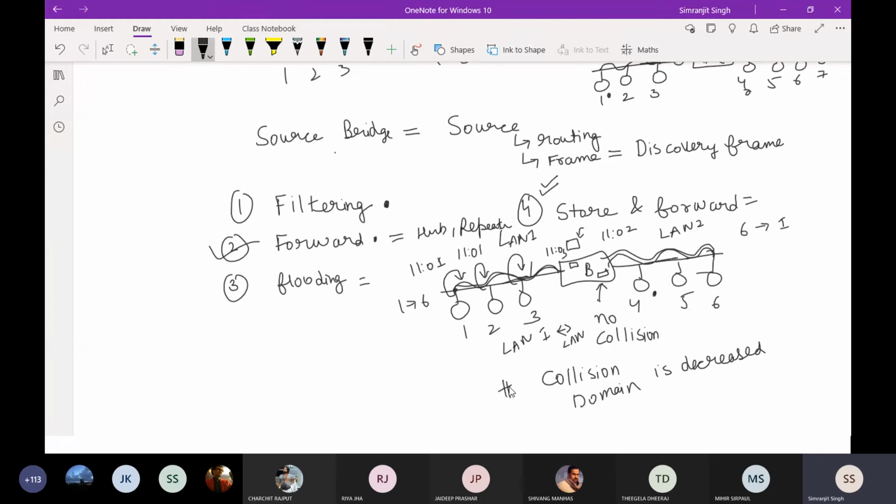That is why I said that with the introduction of the bridge, the collision domain is decreased. Keep that in mind. With the introduction of a bridge, because we introduced the data link layer, the collision domain is decreased. That is a very important point.